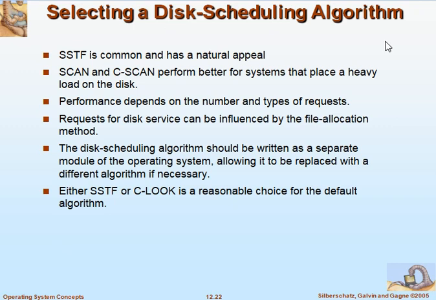Selecting a disk scheduling algorithm. How do we do the selection? SSTF. SSTF is what? Shortest seek time first. Whichever request has the shortest seek time is served first. SSTF is common and has a natural appeal.